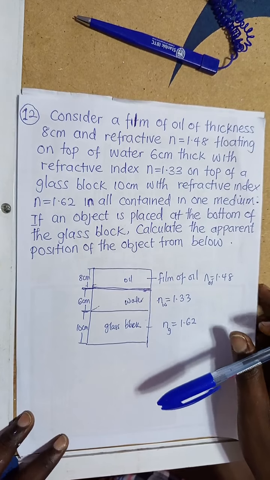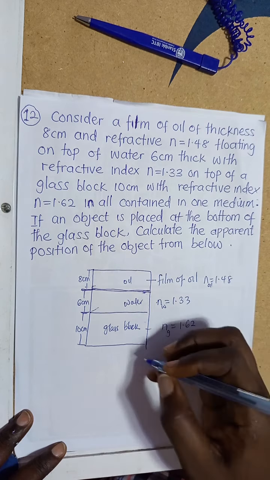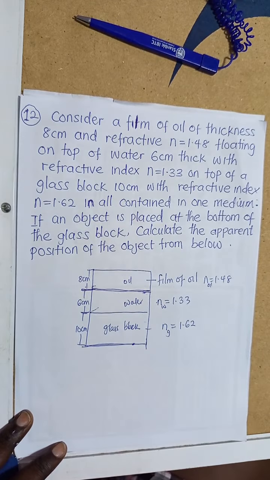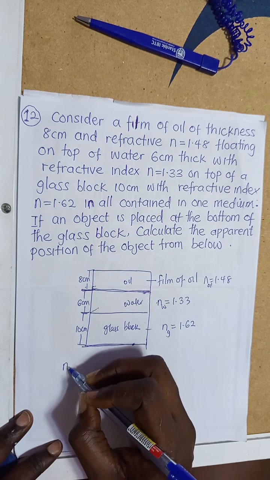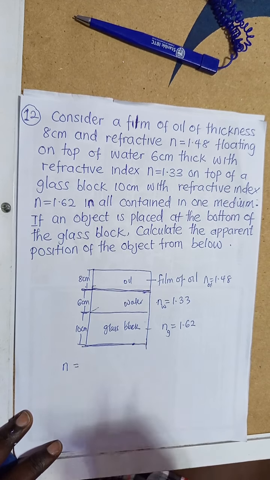Now, if an object is placed at the bottom of the glass block, calculate the apparent position of the object from below. That means we are calculating the displacement from the bottom. And don't forget, n is the refractive index.